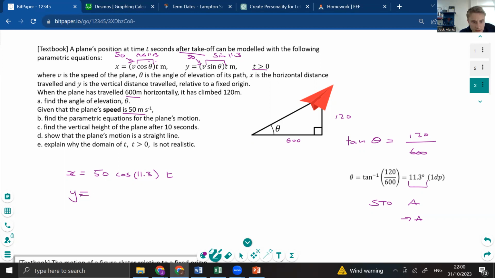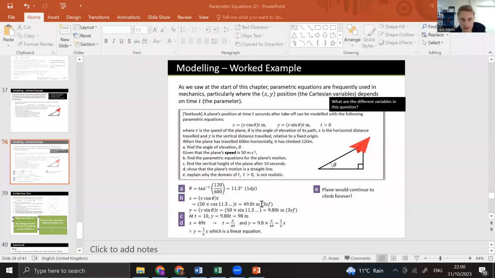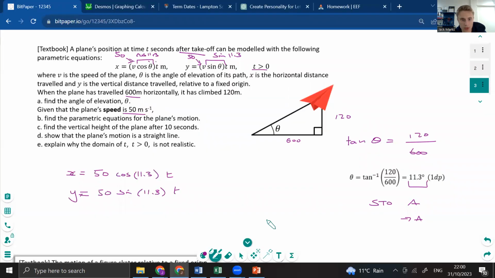So it's going to look very similar. 50 sine 11.3 T. And let's just check that we left it the same way. Yeah. So you could put this in a calculator if you wanted to, and you have a number, but it might be more precise if we just sort of leave it as that for now. So that should be fine.